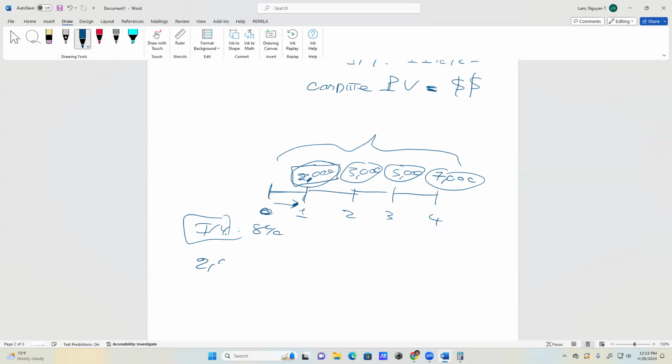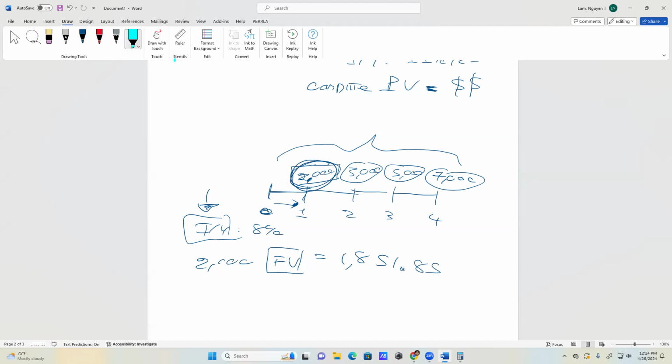Gonna put 2,000 as the future value button. 2,000 future value. 8% as IY. How many years is it? 1, right? So 1 for the N. Hit compute present value. What you guys got? It's gonna be 1851.85, right?